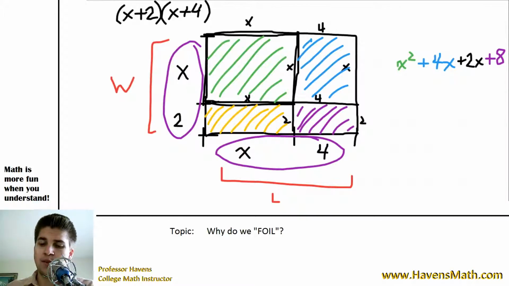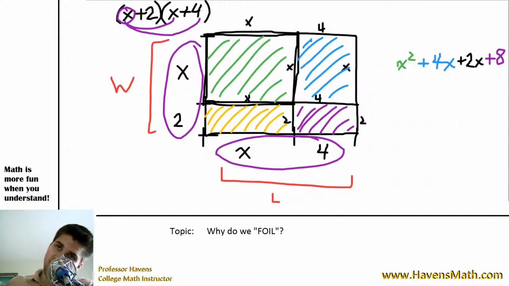And that's what FOIL is teaching us to do. We take the first and multiply it by the first. And we also take the outside and multiply it by that one as well. I like to visualize this as the distributive property, x times the first, x times the second. And then we also take the 2 and multiply it by the first and the second.